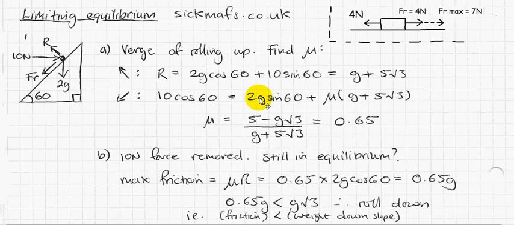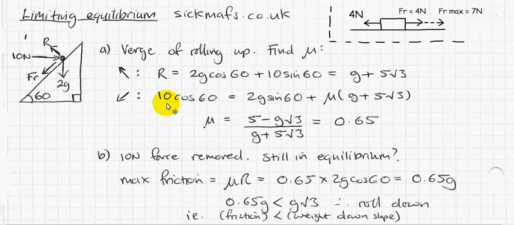So 10 cos 60, which is going up the slope, balances with the weight component going down the slope, plus the frictional force, which is also going down the slope. So if we rearrange that, you got 10 cos 60, take away 2g cos 60, divided by g plus 5 root 3, bringing it underneath, gives you this.